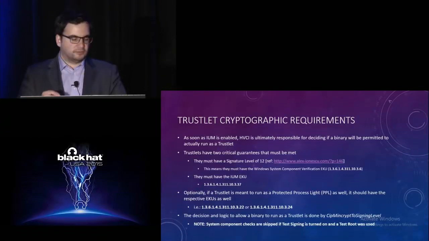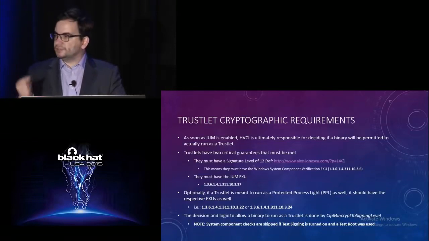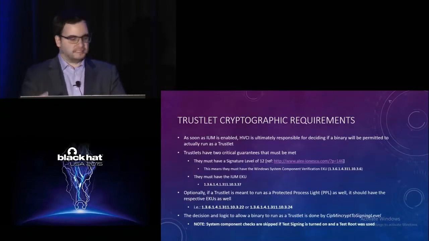So an image that's allowed to run as a trustlet has to have a special certificate with some special key usages in there. One of them says this is a Windows binary, and one of them says this is an IUM binary. So it has to come from the Windows team in Microsoft, and it has to be signed with a special cert saying this is allowed to launch as a trustlet.